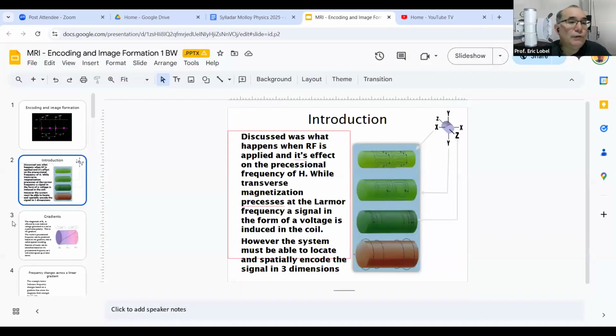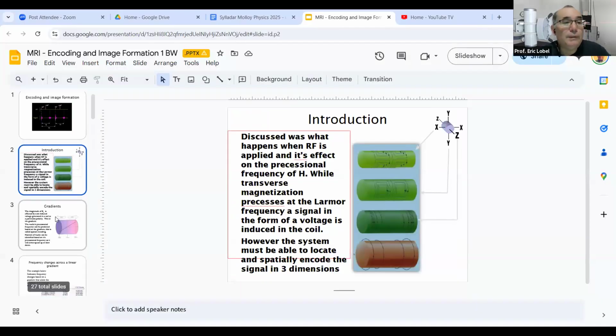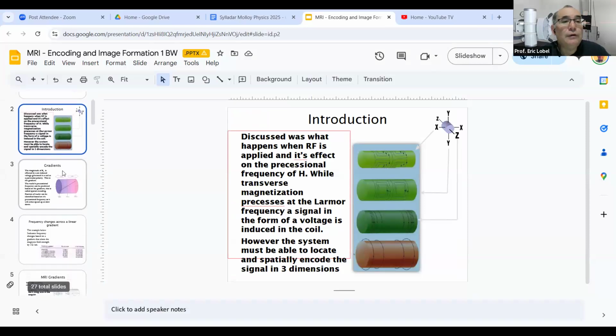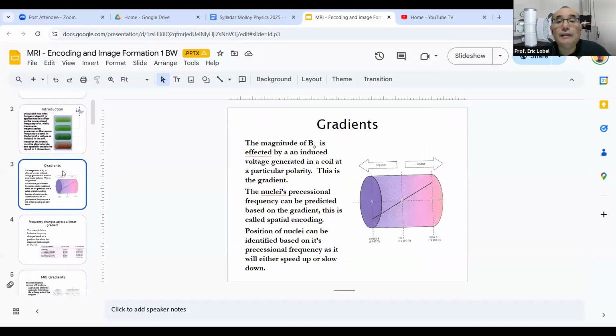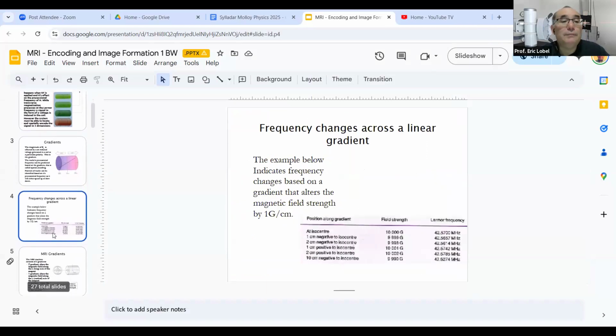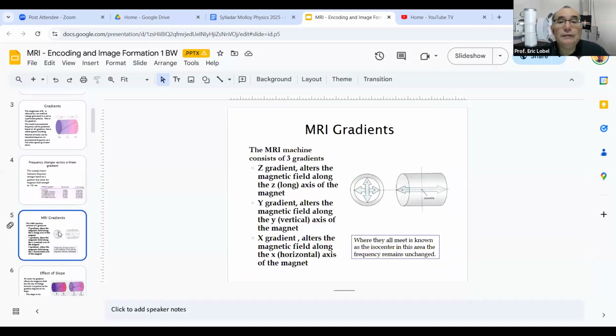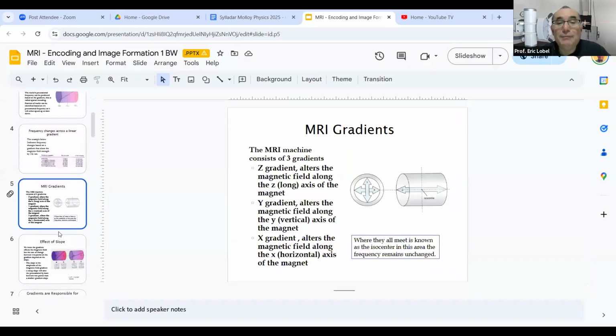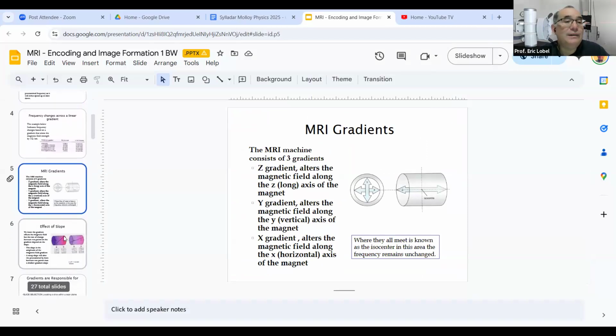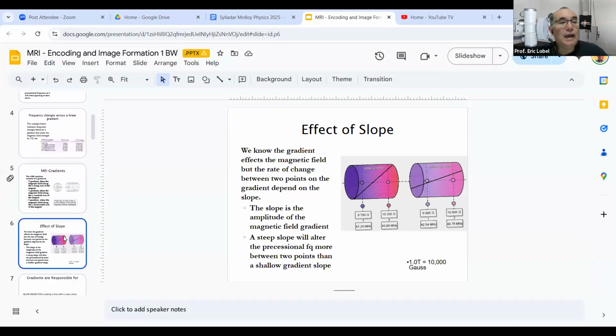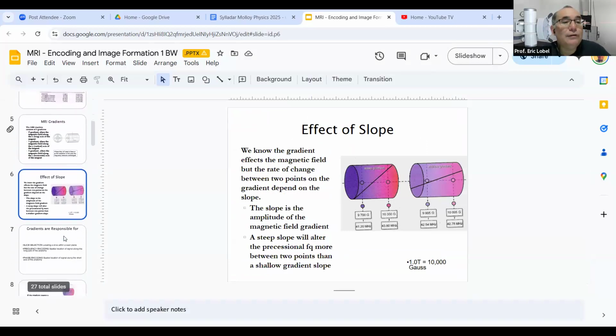So we're going to talk a little bit more about the gradients. We're going to discuss exactly what they do in this slide here, how they affect the precessional frequency, their names again, and what slices they can affect, and a lot about slope.